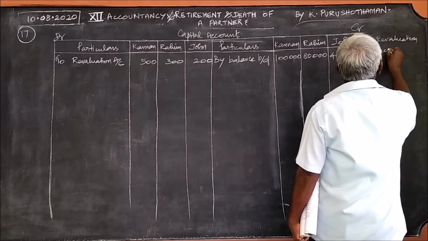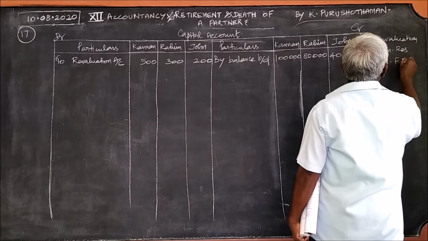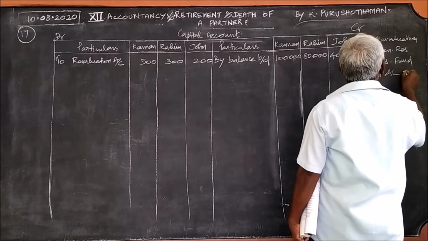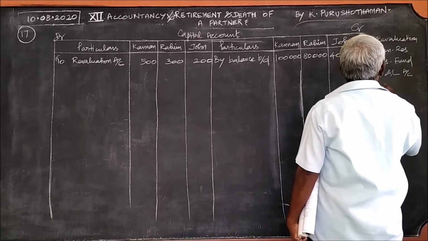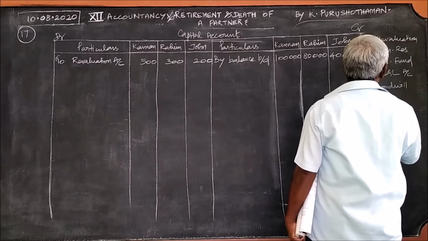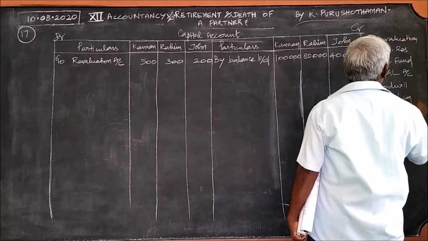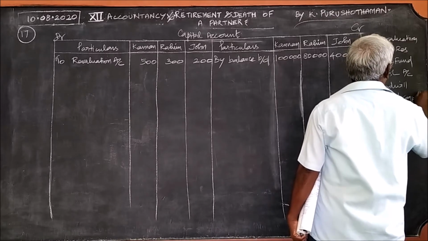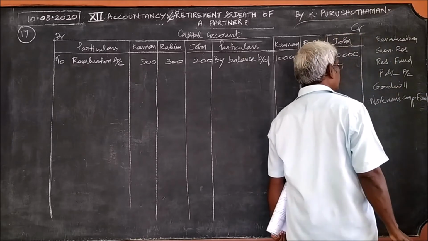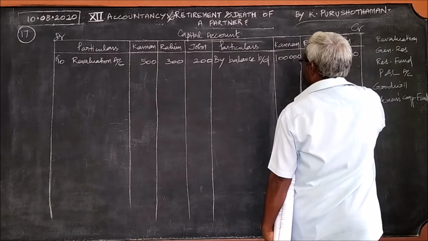After that, general reserve, reserve fund, profit and loss account, goodwill, workmen's compensation fund. These are the 6 items. Mostly in all the problems, revaluation profit we will write this side, loss that side.